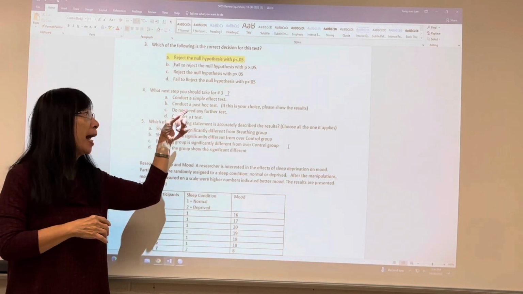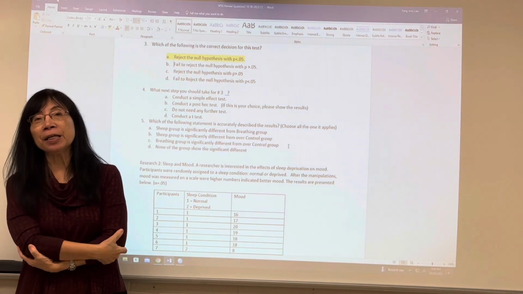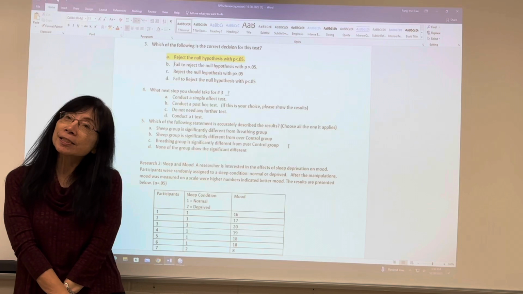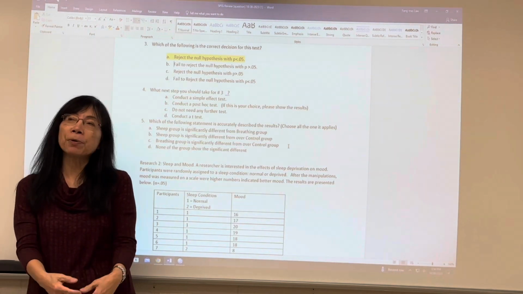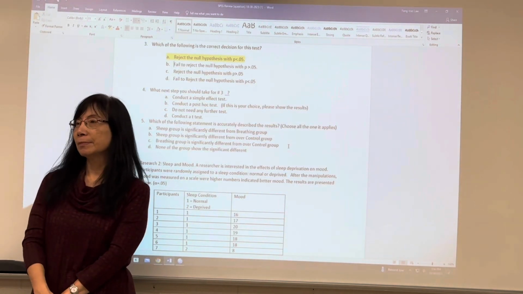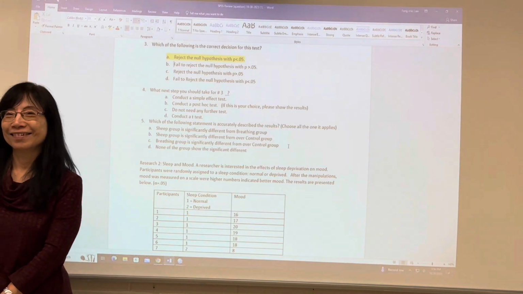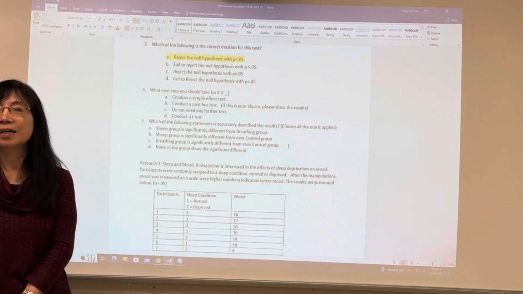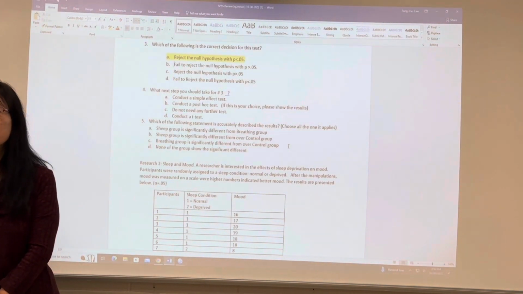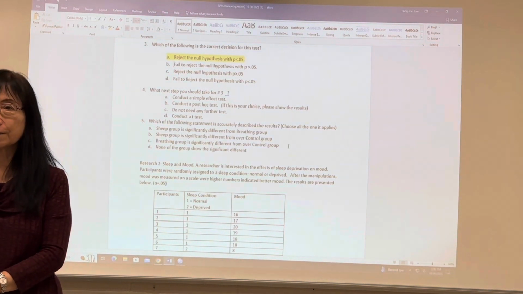If they reject, is that good news or bad news? Good news. So we're always trying to reject, but if we fail to reject, then we're bad.